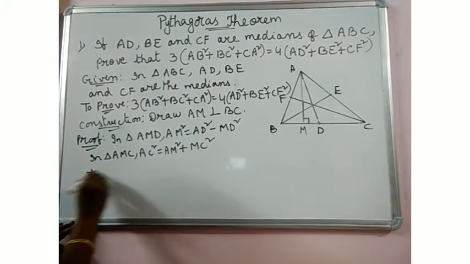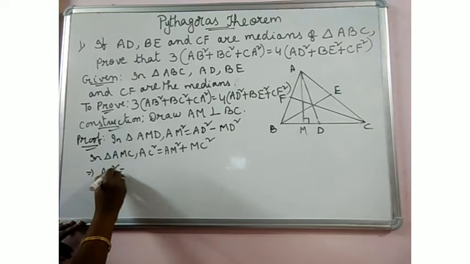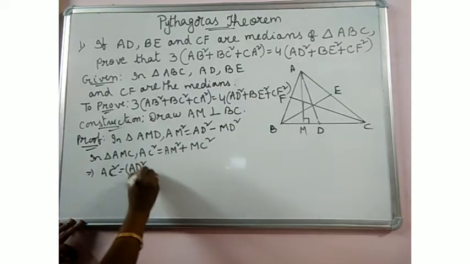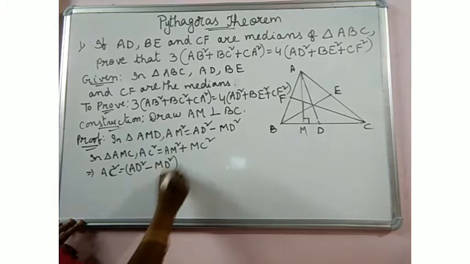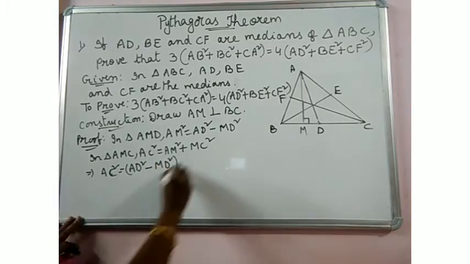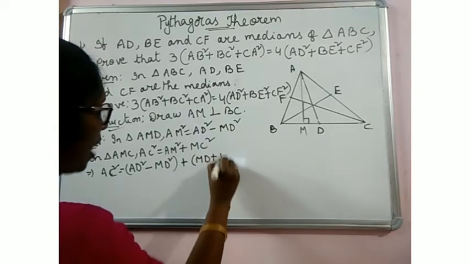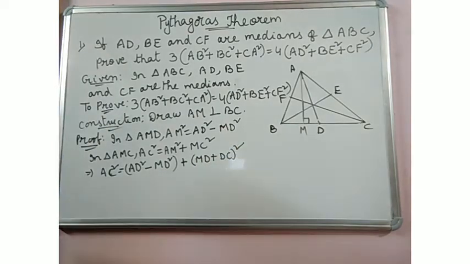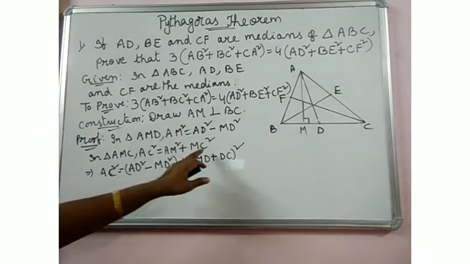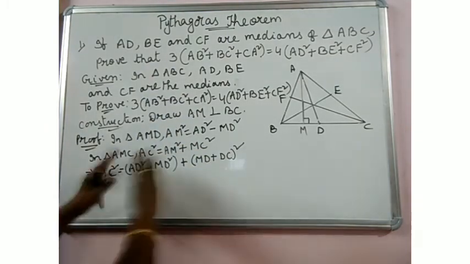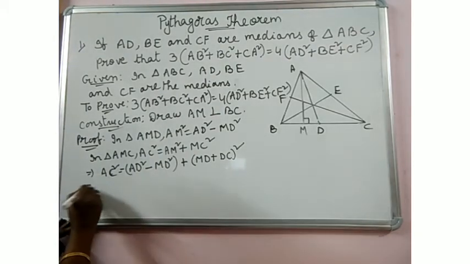So let me write from here. AC square is equal to, in place of AM square, I am writing (AD square minus MD square) within brackets for our better understanding. And in place of MC, let me write (MD plus DC) whole square. Okay. Now let us open this.